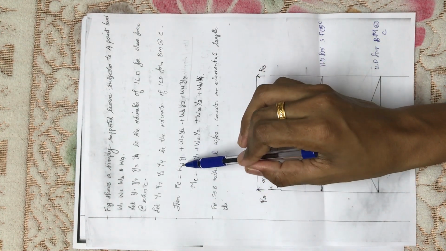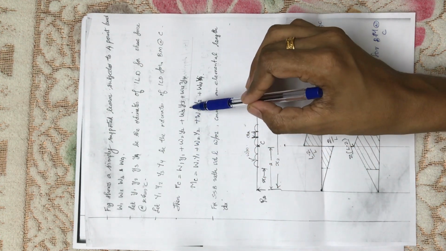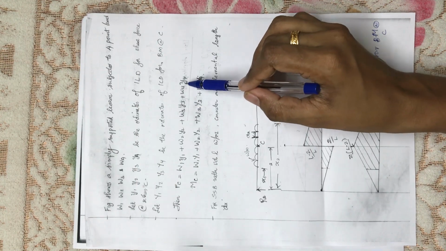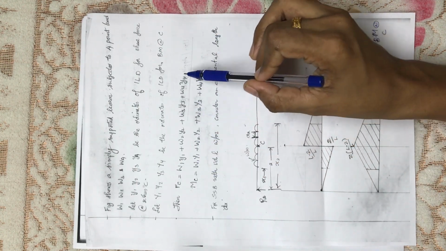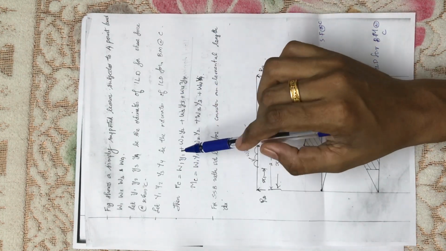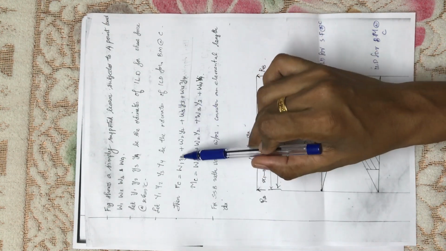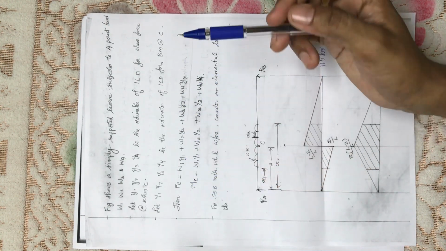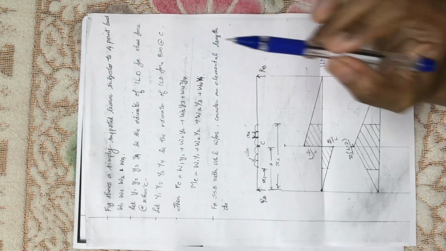That's equal to W1 Y1 plus W2 Y2 plus W3 Y3 plus W4 Y4. Here the W1, W2 and W3, W4 are the point loads. So the corresponding point loads into corresponding ordinates will give the shear force value at that point. Okay, it is from the influence line diagram for the shear force.